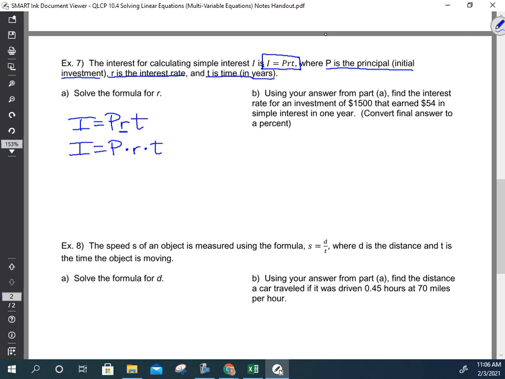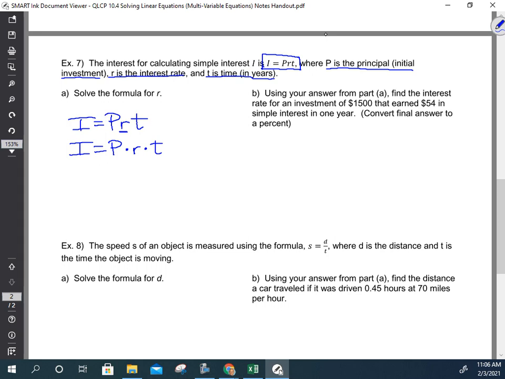Think to yourself, how do I get rid of multiplication? P is currently multiplying.